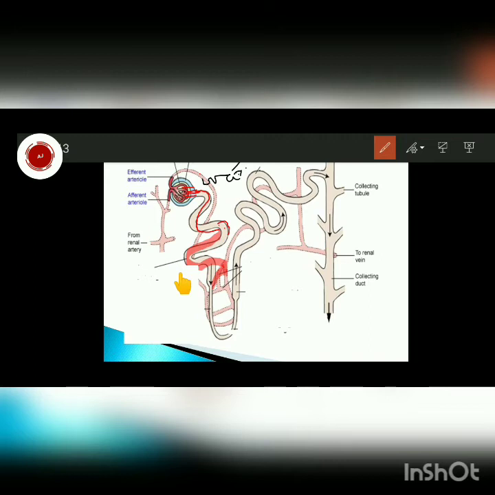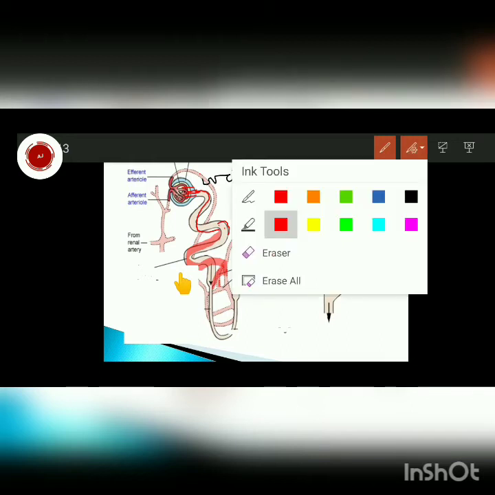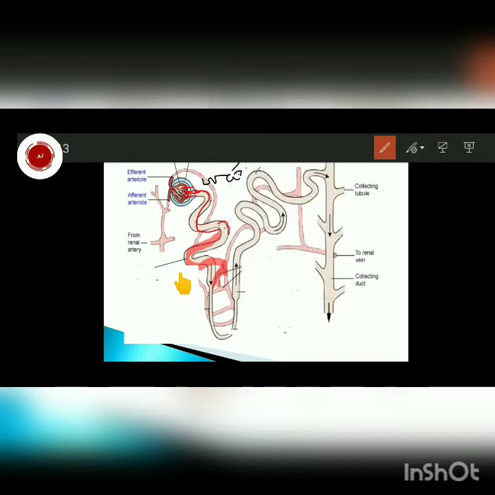So what happens? The walls of the tubule reabsorb the nutrients and water and send them back to the blood capillaries.